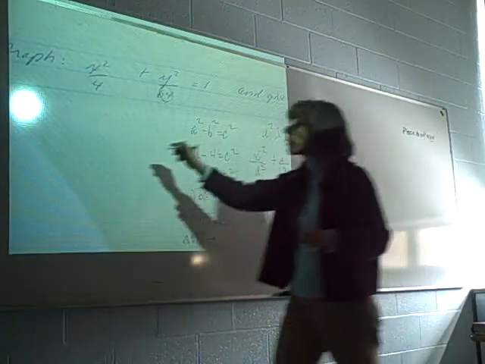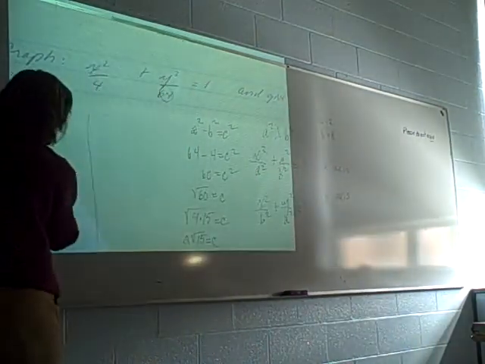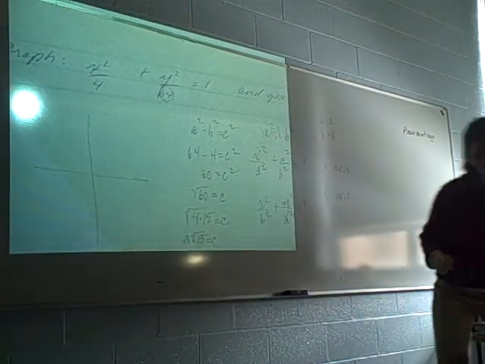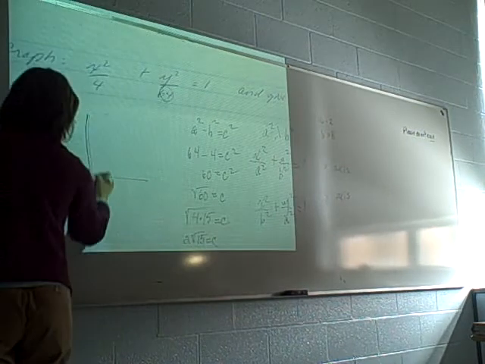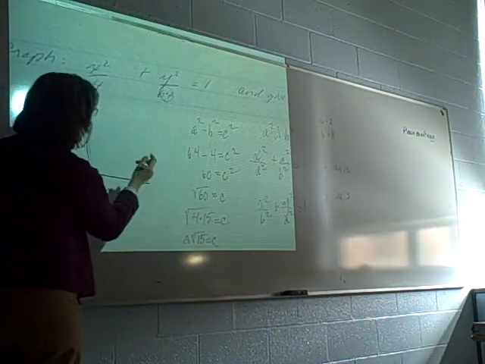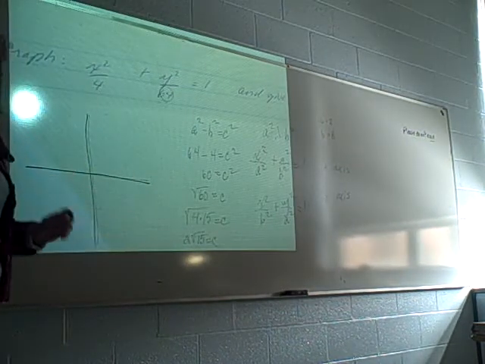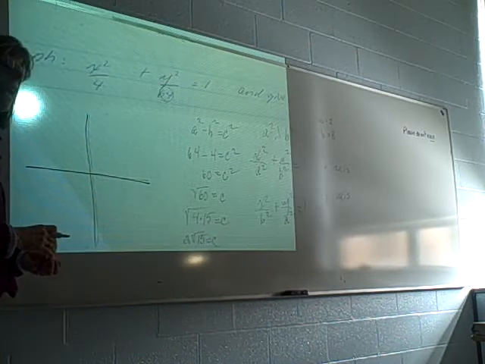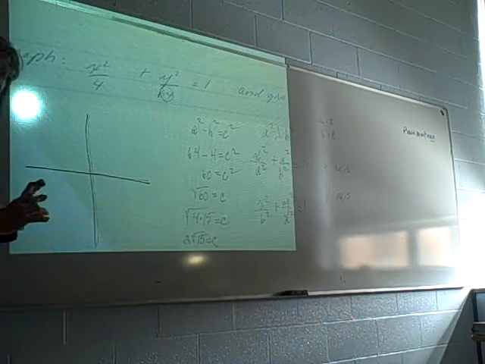If I was asked to graph this, I knew that my A is going to be what? A is going to be 8, and is it going to be on my x or my y axis?